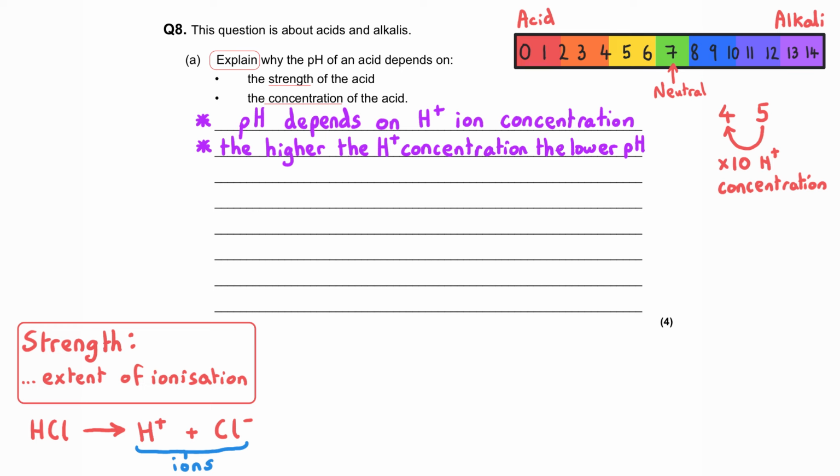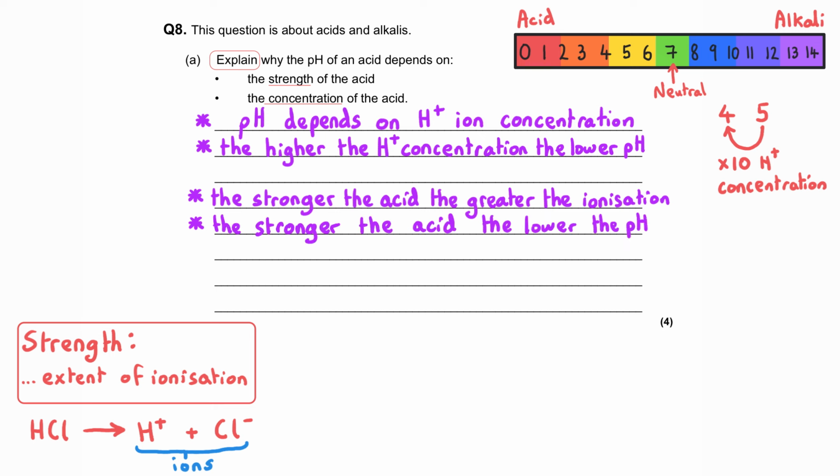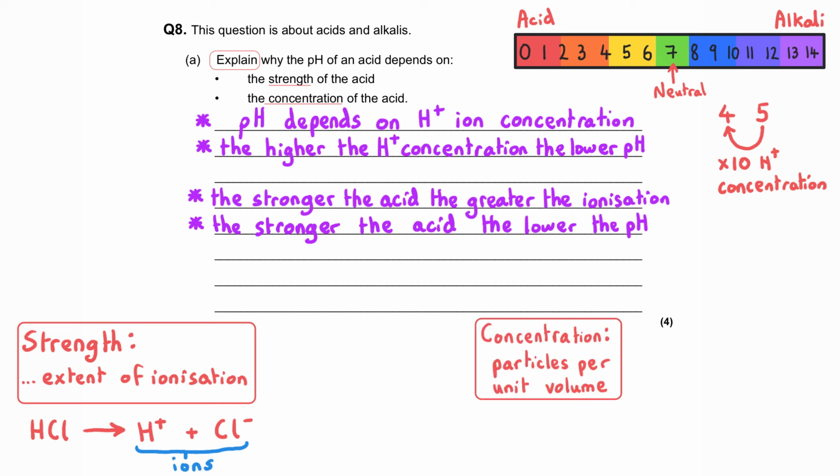And all acids produce hydrogen ions. And the stronger the acid is, the greater the ionization will be. In other words, we will produce more hydrogen ions, and therefore we will have a greater hydrogen ion concentration. And so therefore, the stronger the acid, the lower the pH value of the solution.